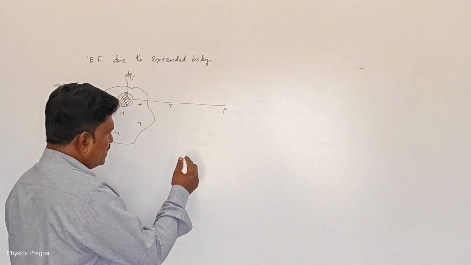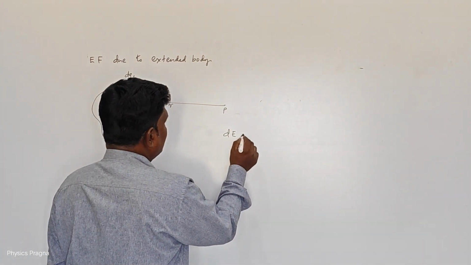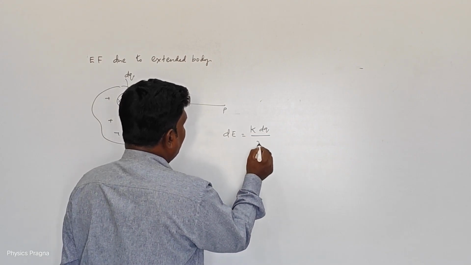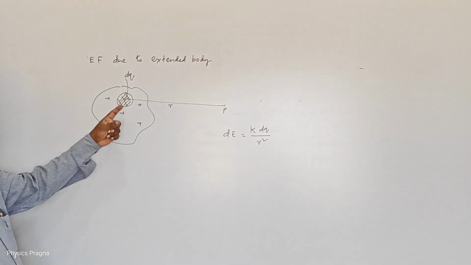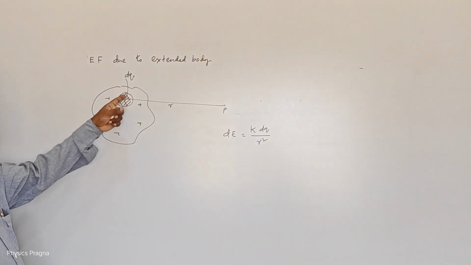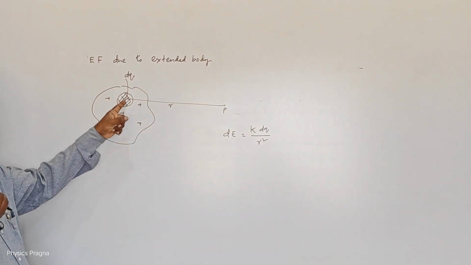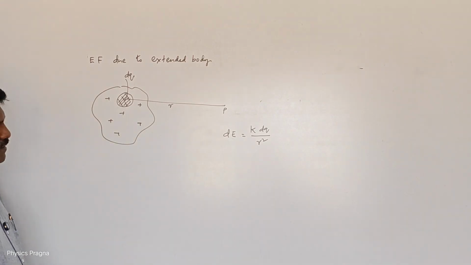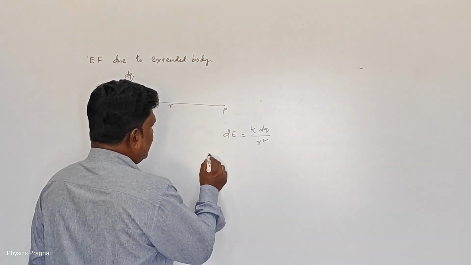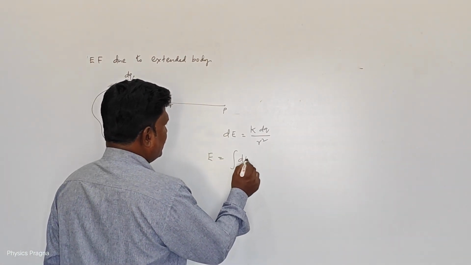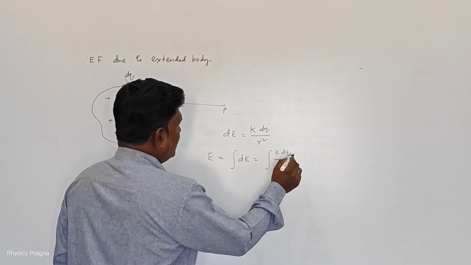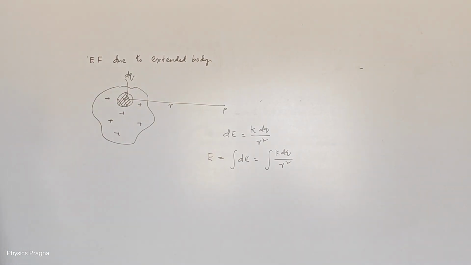That's why dE is equal to k dq by r square, because of the small charge. I have drawn a big one here, but a very small portion of the body we have to take. Just for visibility, I have drawn a big one, right? So how to calculate E? By integrating dE, we'll get the electric field of an extended body.